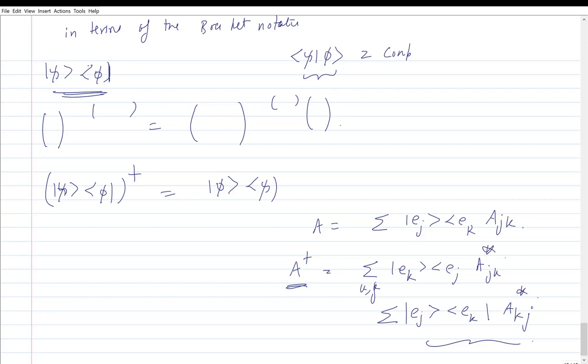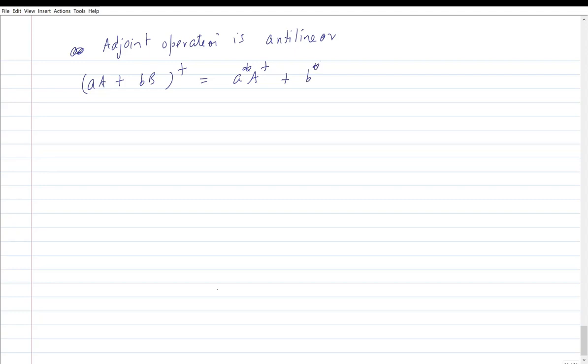So the other property of the Hermitian conjugate, transpose or the adjoint operator is that it's antilinear. So if I have the adjoint operation, it is antilinear. This gives me this guy.